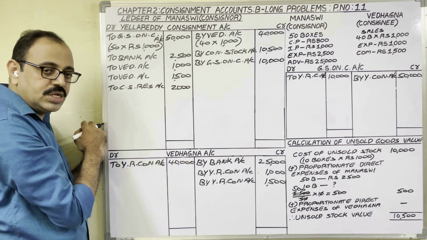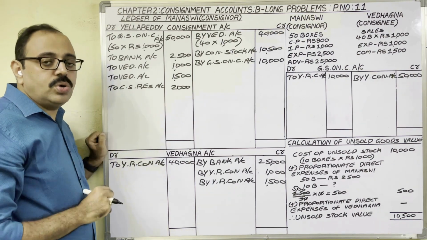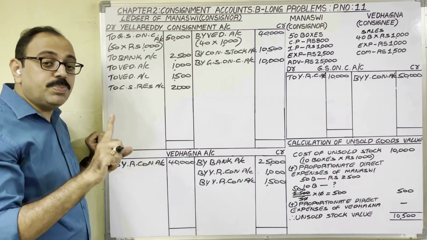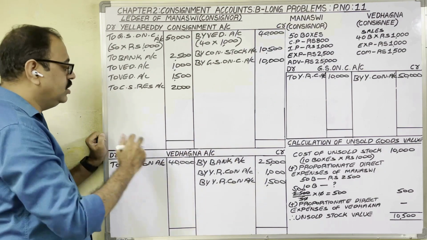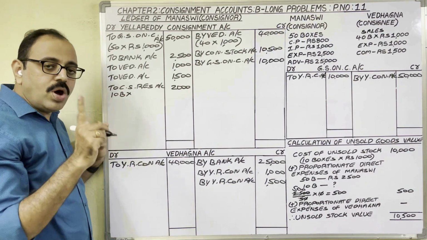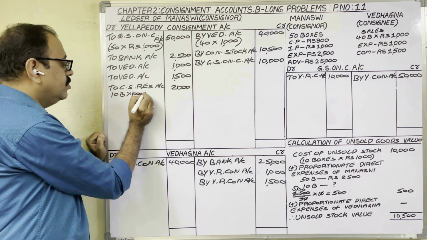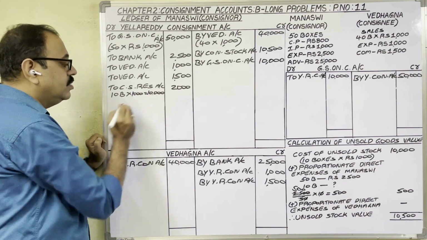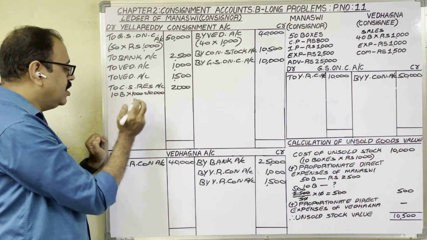Show the calculation here. The calculation is invoice price of unsold stock minus cost price of unsold stock. Invoice price of unsold stock: unsold stock is 10 boxes, 10 boxes into 1 box invoice price of 1,000 rupees, that is 10,000.